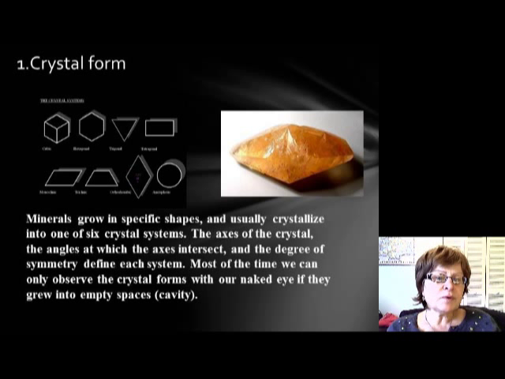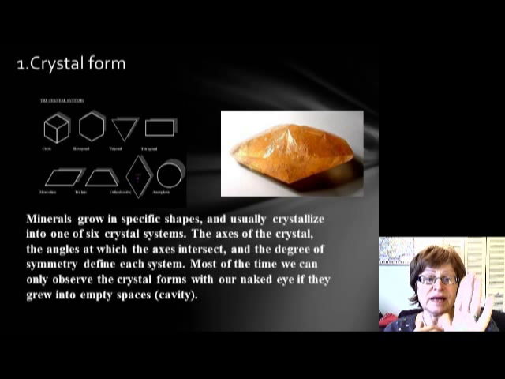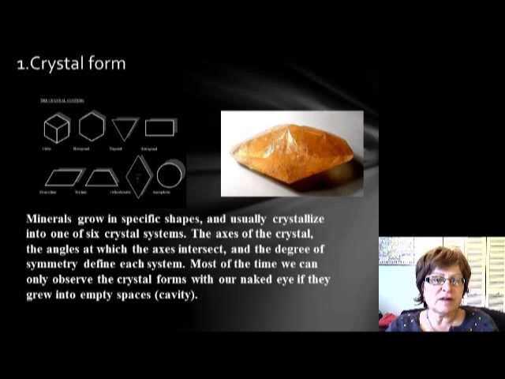But the most important symmetric elements would be just the symmetry plane, and then the rotational symmetry, which could be 3, 4, and 6. And so this will bring the different crystal systems. The only way you can actually see the crystal form is if the mineral grows into an empty space.